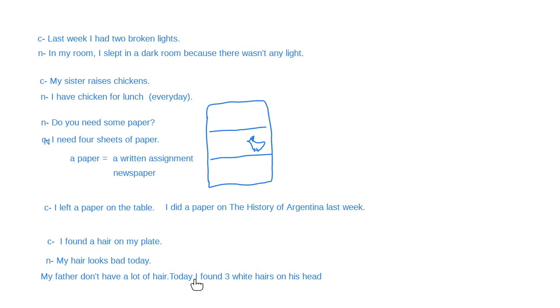Oh, really? Okay, is this yours? Yes, it's me. Let me correct this while we're here. I want you to have the right sentence. Instead of don't, what do we need to put here? Doesn't. Right. It should be doesn't, because my father is like he. So my father doesn't have a lot of hair. Today I found three white hairs on his head. Yeah, those are good sentences.